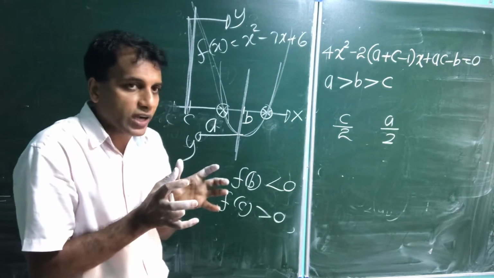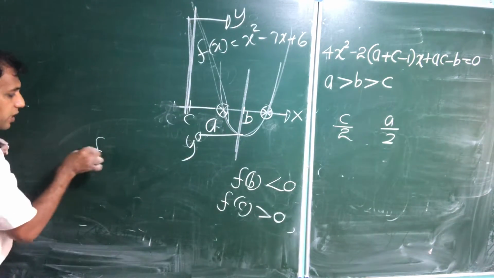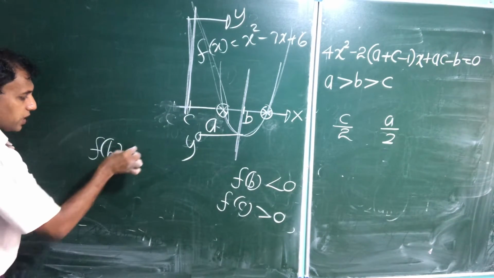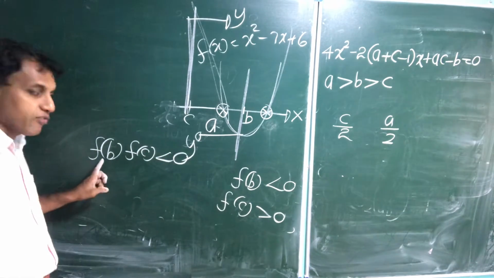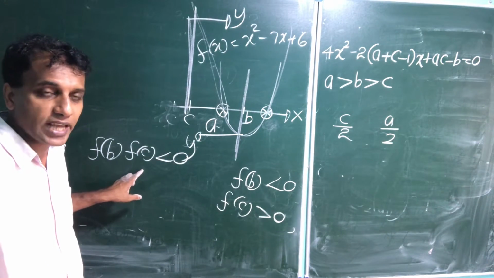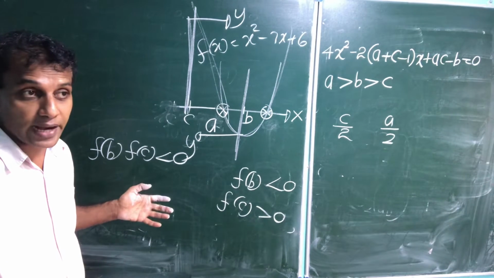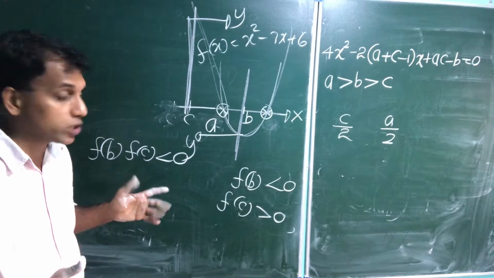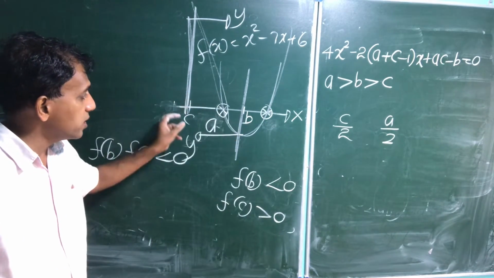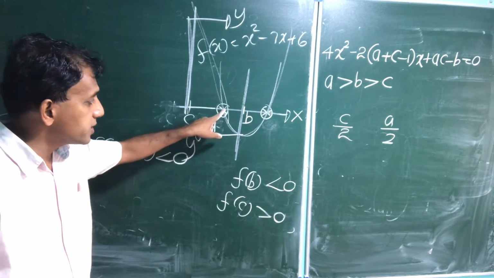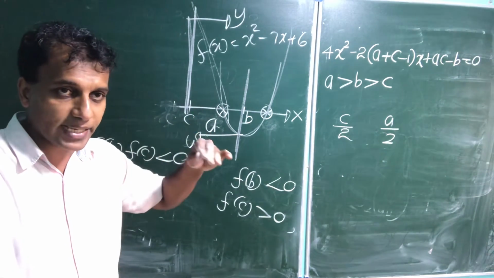Therefore, when you apply those values, f of b into f of c less than 0, then we can say one of the solutions lies between them, where the graph cuts the x-axis.